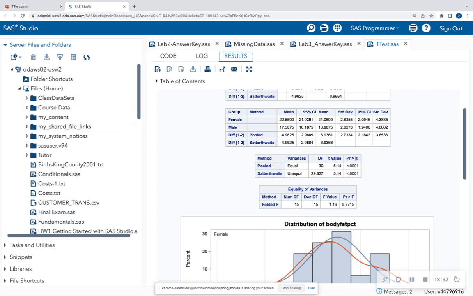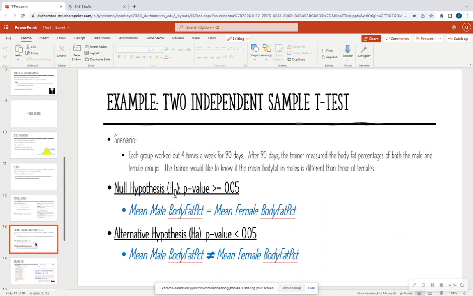Now, as we mentioned in our PowerPoint, right, if it is smaller than 5%, then that means that the 2 groups have unequal means, that they're different than each other, okay?